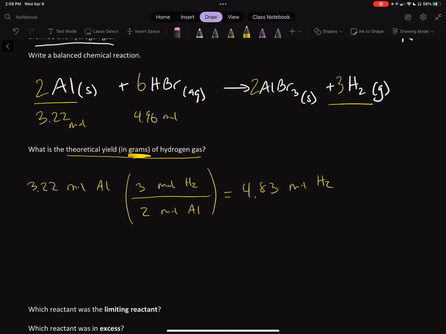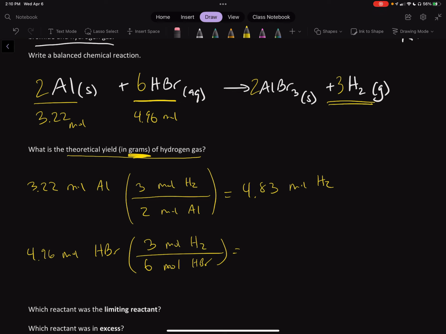So now let's do it again, but from the HBr's perspective. So 4.96 moles of HBr. We're going to convert this into moles of hydrogen gas. And the ratio is for every 6 moles of HBr that react, 3 moles of H2 will be produced.